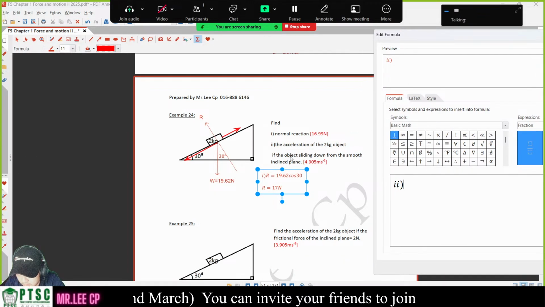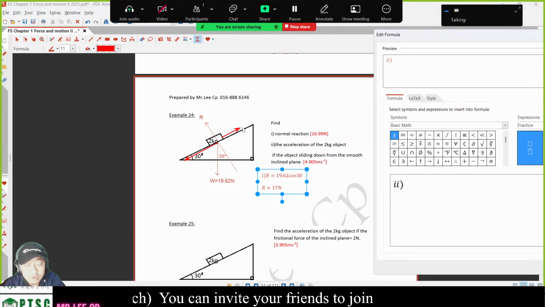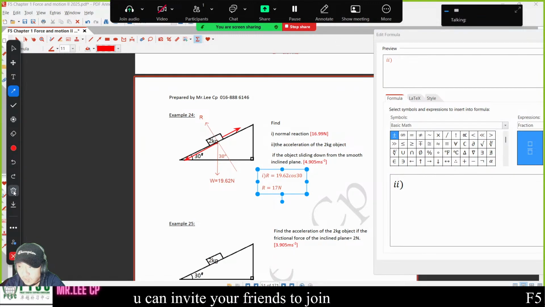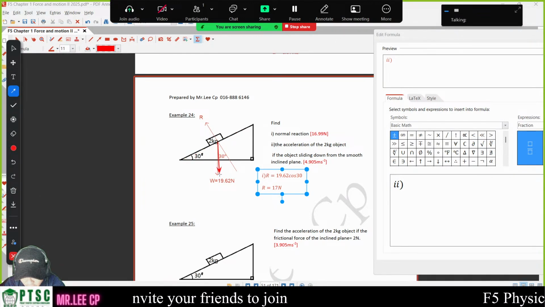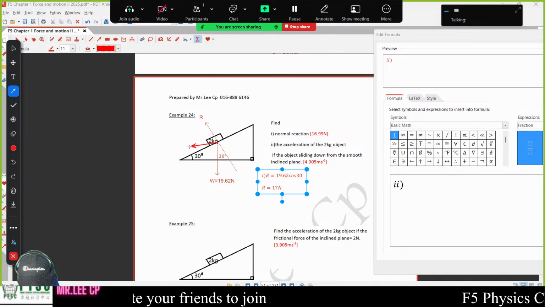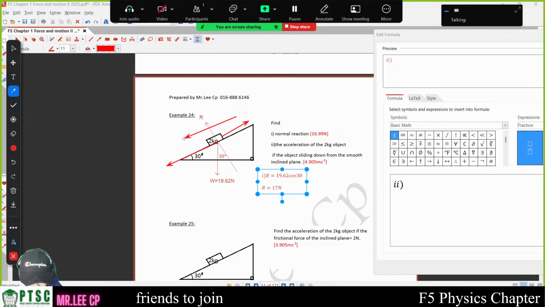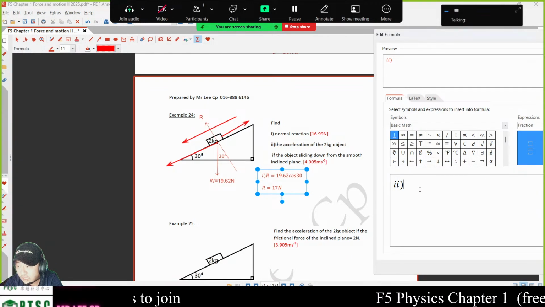Smooth surface, no reaction. So in other words, this force contributes to here, minus here is your acceleration. So F is equal to ma.